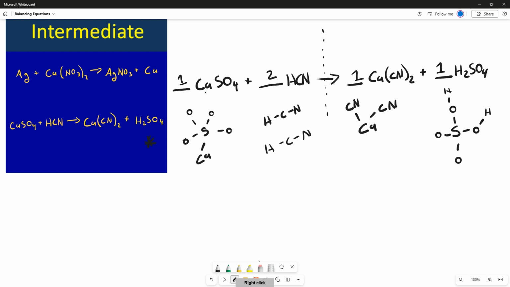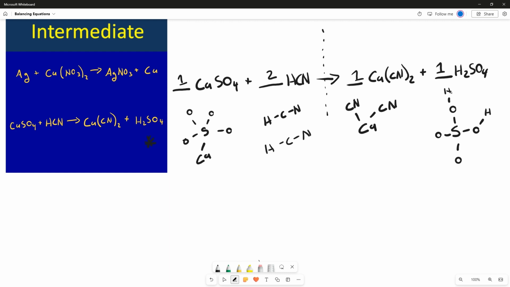So we'll take a look at the coppers. We got 1 copper on the left, 1 copper on the right. We got 1 sulfur on the left, 1 sulfur on the right. We got 1, 2, 3, 4 oxygens on the left. We got 1, 2, 3, 4 oxygens on the right, so that's all still good. Now we go back to the hydrogens. We got 1, 2 hydrogens on the left. We got 1, 2 hydrogens on the right.